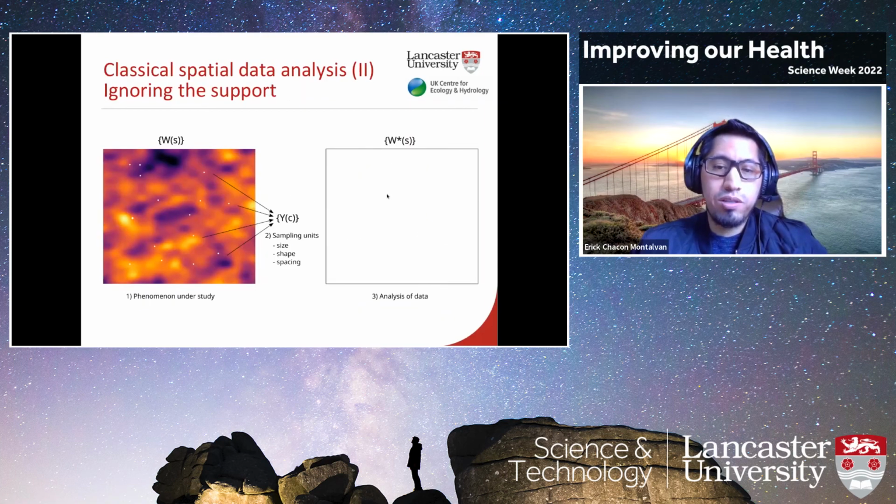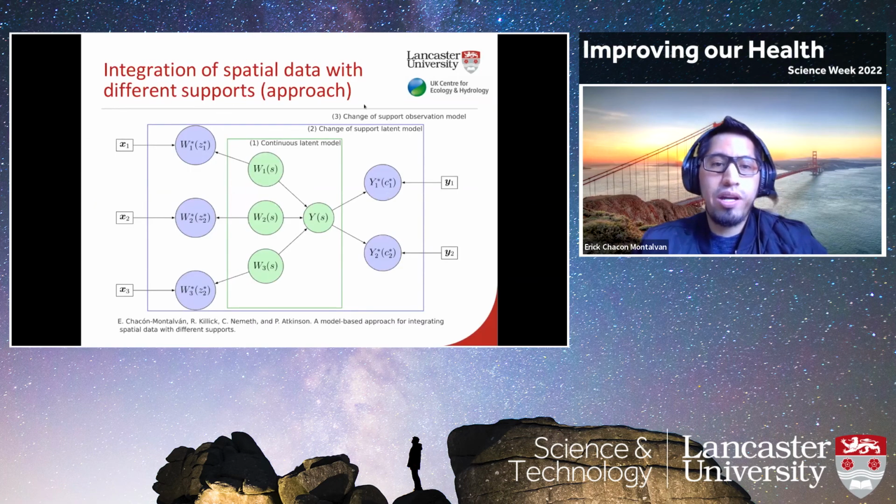So, because of this complexity and because both approaches are not completely adequate, we provide an approach where we can integrate this spatial health and environmental data for various applications. In the following map, take into consideration that these circle nodes are random processes and the square nodes are observable data.